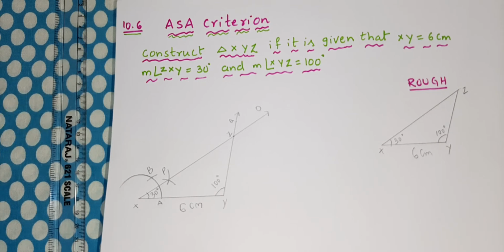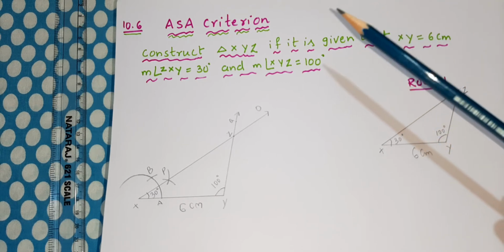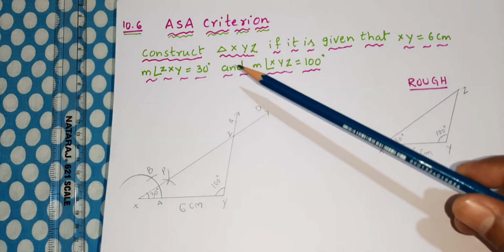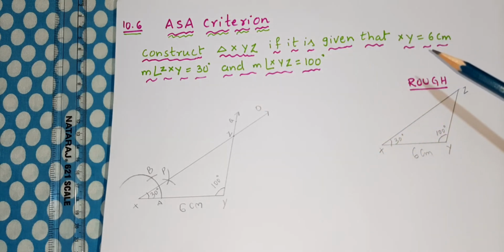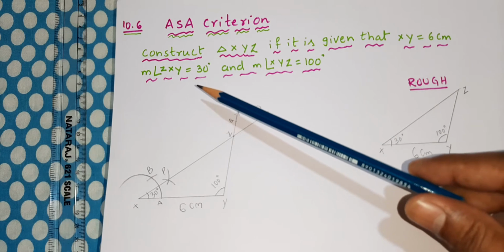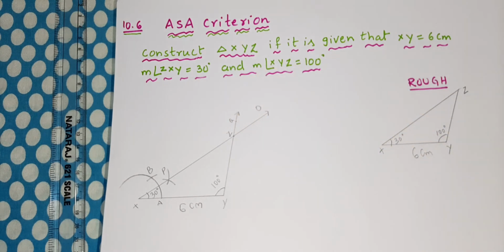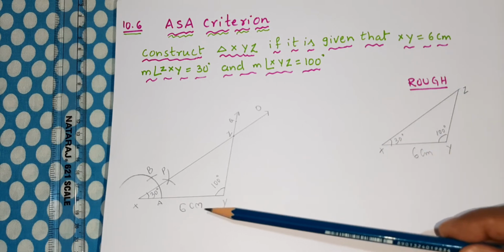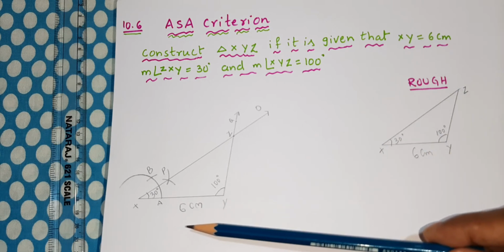Children, once again I am going to explain how to construct a triangle by using ASA criterion. Right, children? First of all, they have given triangle XYZ, in which XY equal to 6 centimeter, angle X is equal to 30 degrees, and angle Y equal to 100 degrees. Draw the rough diagram. Then draw a line segment XY of 6 centimeter.